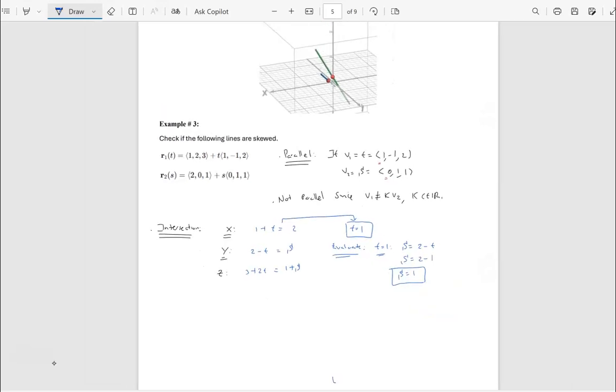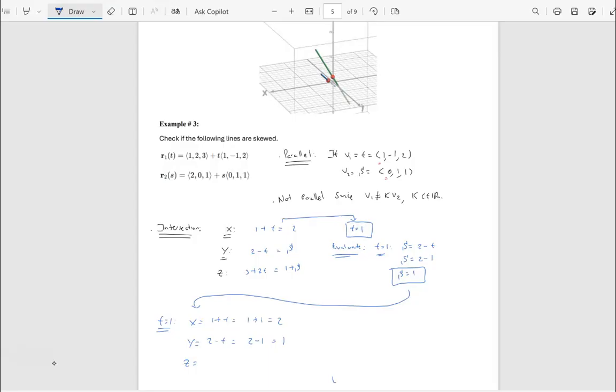Now, let me use t is equal to 1. You're going to find out that your x value is 1 plus t, or technically 1 plus 1, which is 2. Your y value is 2 minus t, or 2 minus 1, which is 1.